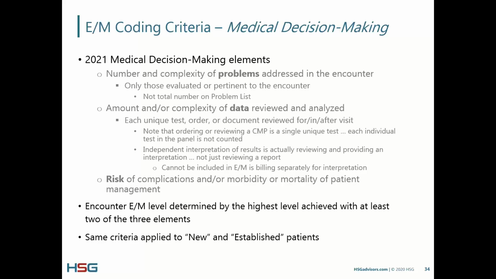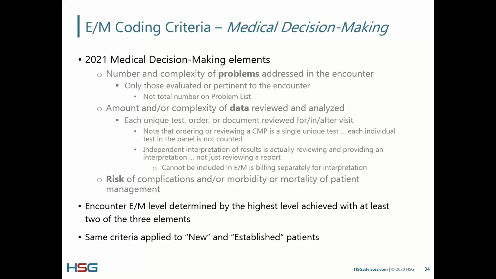The third element in the medical decision-making process is the risk of complications or morbidity or mortality of the patient management decisions process. And so as you look across each of these, and we'll get to what's in each of these in just a second, you look at the highest level achieved with at least 2 of the 3 elements, and that becomes the level of medical decision-making complexity that can go into the coding criteria.